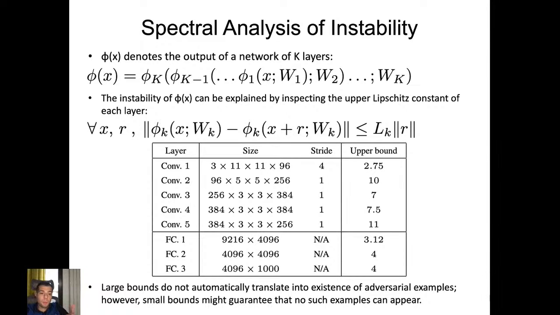So one way perhaps to obtain a model that is robust to adversarial examples is to make sure that these Lipschitz constants are very small, and perhaps you can add this constraint to the optimization. But it might be a very painful process because you have to add this constraint through every possible layer, and this is a constant that is computed on the whole data set.